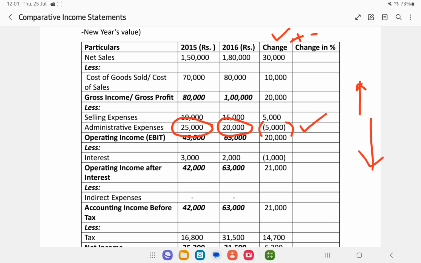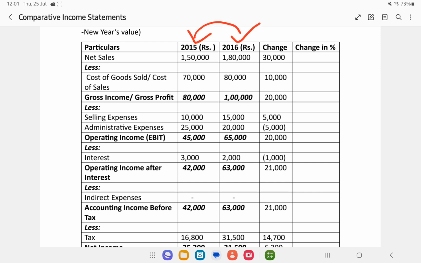To know that, we can put it in a bracket if it is a decrease. So we can easily recognize that all these things have increased and this particular thing has decreased. This also has decreased. So what we are doing, please remember, we are taking the value of 2060, deducting 2050 from it, putting the amount here, and if it is negative, putting it in a bracket. We do the same till the end.